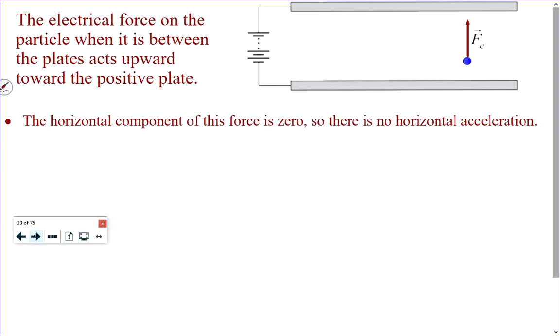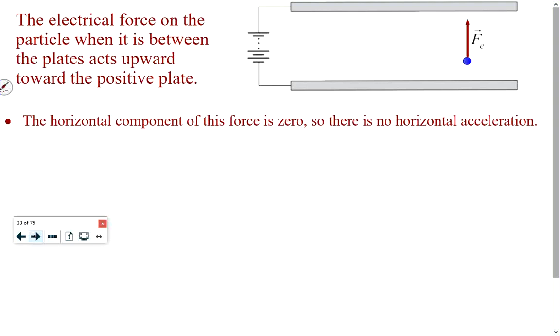So if I tell you that the particle enters the field traveling to your left at, I'm just going to choose a really stupid number, 2 meters per second, and the plates are kilometers apart, that means it's going to continue to travel to the left at 2 meters per second, forgetting about what it's doing up and down.